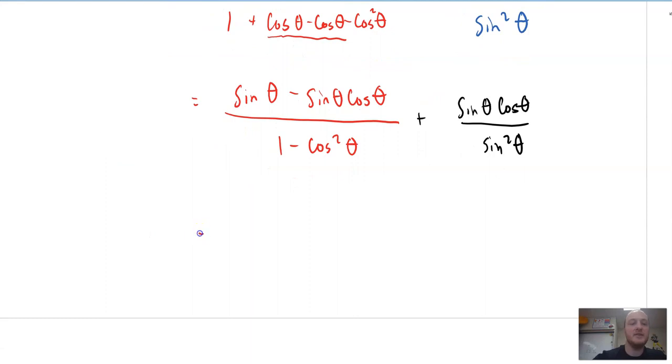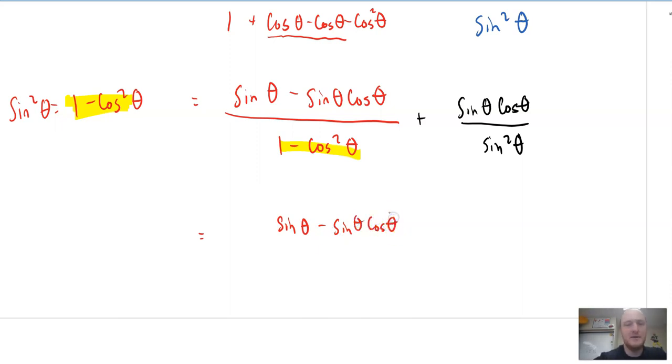We know that sine squared theta is equal to 1 minus cosine squared theta. So all we're going to do is take this and substitute it out for sine squared theta. So this becomes sine theta. Man, this numerator is lengthy. So over sine squared theta, plus sine theta cosine theta over sine squared theta.